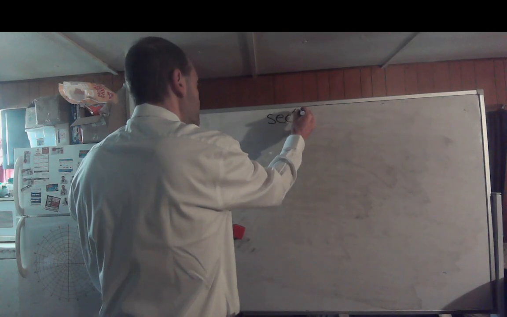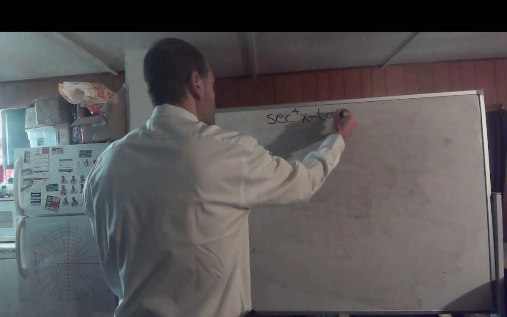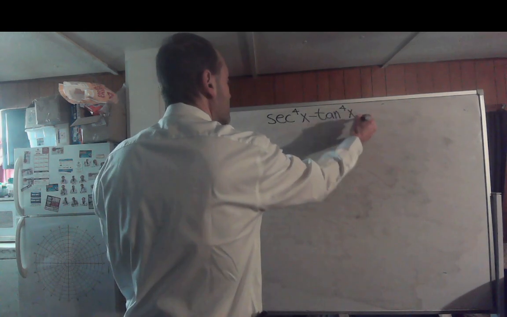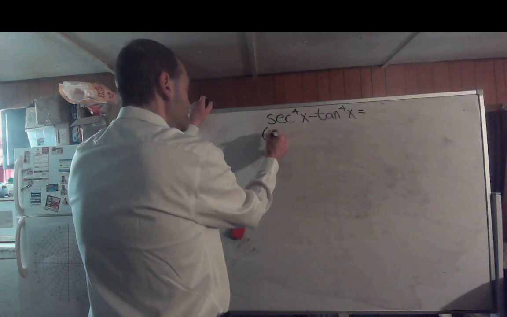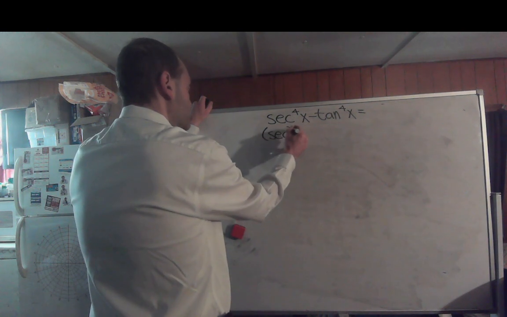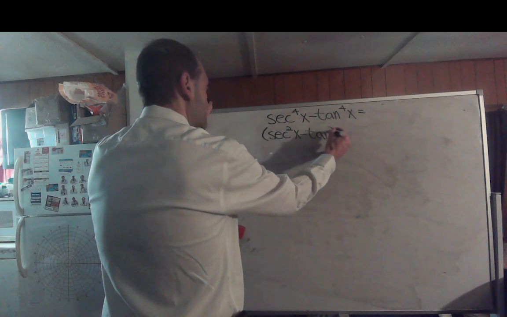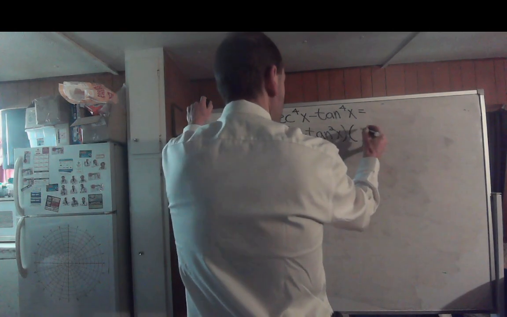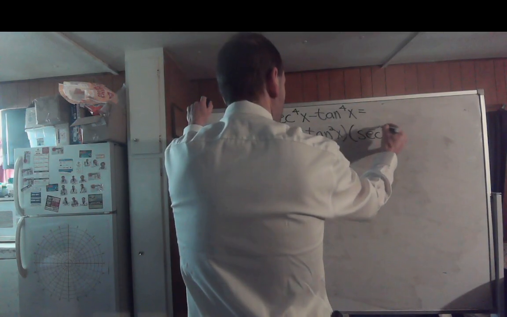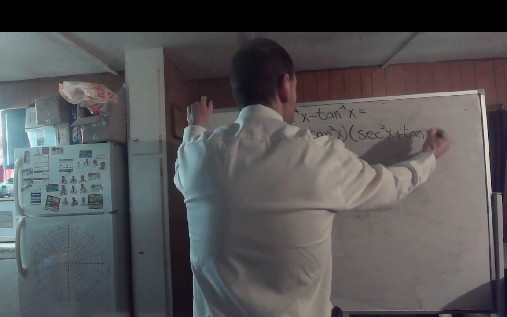Secant to the fourth of x minus the tangent to the fourth of x. Well, again, we definitely have a difference of two squares, so this would factor into the secant squared of x minus the tangent squared of x times the secant squared of x plus the tangent squared of x.